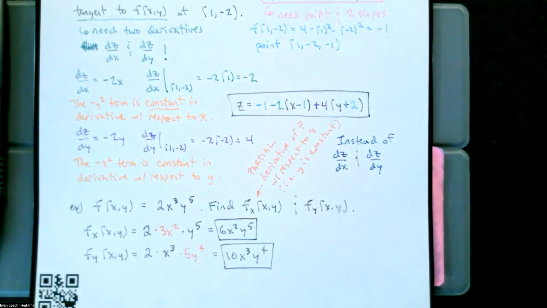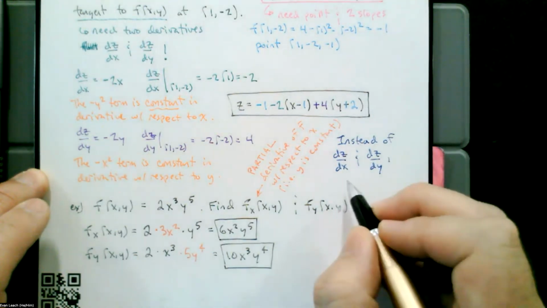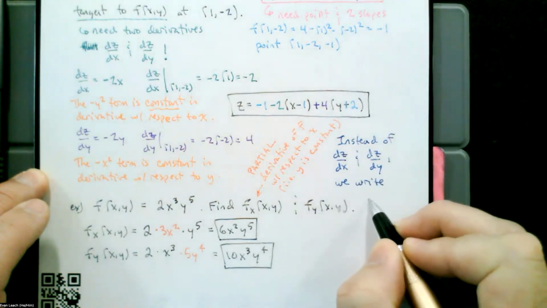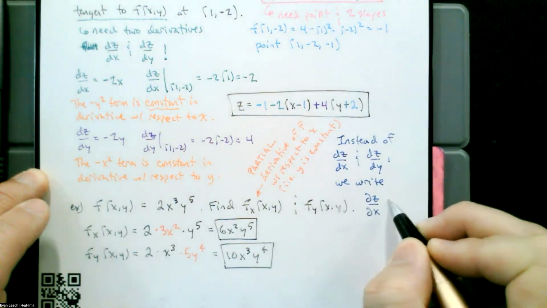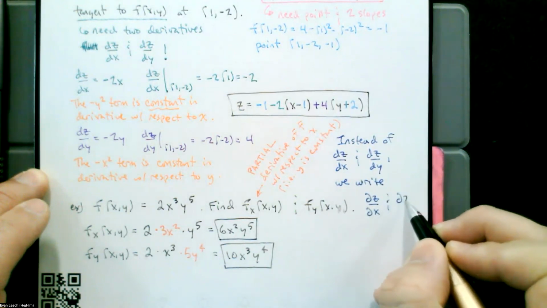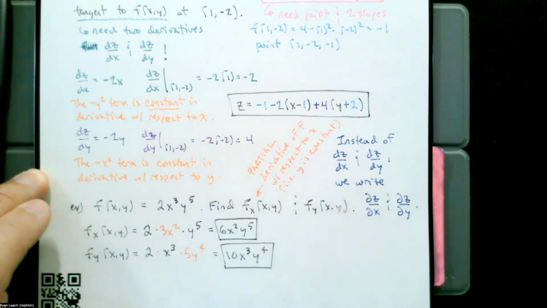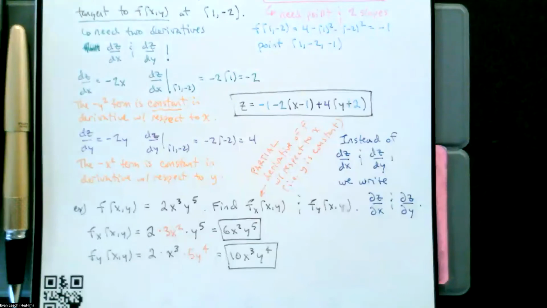So in this kind of notation, this Leibniz notation, we use this partial derivative style d. That's how we let our reader know that we are doing partial derivatives.